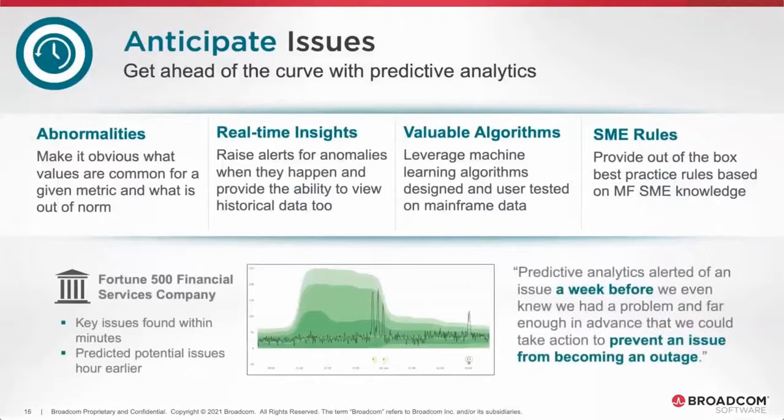So, okay, all that's great. But how have customers been leveraging AIOps and AI to help them with their operational efficiencies or needs? Well, in this case, when we talk about anticipate issues, right? Again, we're trying to help them get ahead of the curve with predictive analytics. So we're looking for abnormalities.